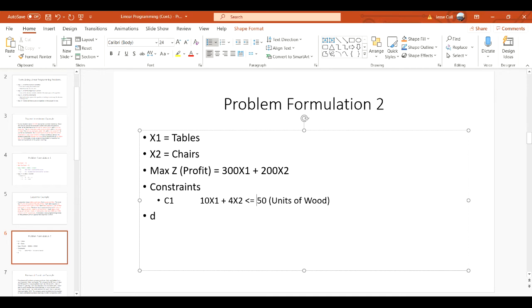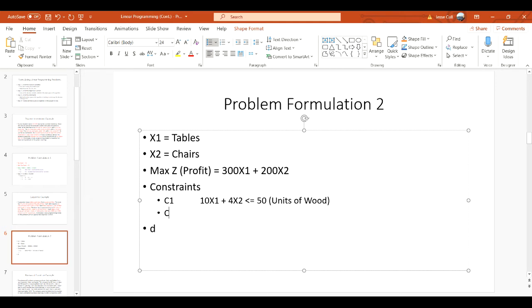And what that says is every table we make requires 10 wood. Every chair requires 4 wood. We have only 50 units of wood available. So anything more than that is impossible. That's what we've indicated here. This limits our decision-making power.